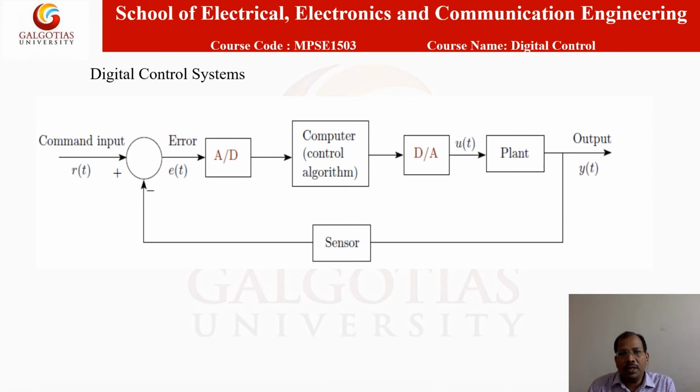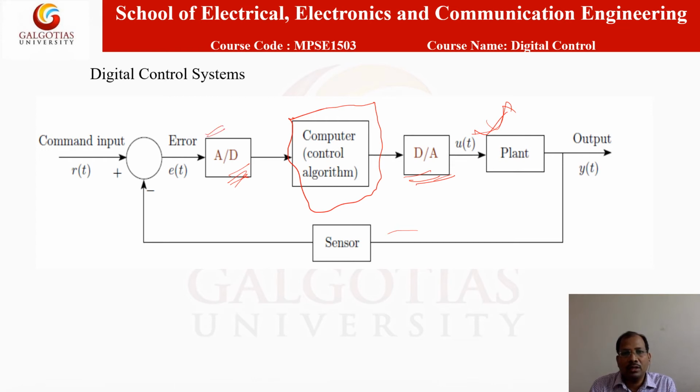So this is the feedback loop, and here this is the controller. This controller can be in digital form, so the analog to digital converter is applied here, and then this digital signal is converted into analog form. This is the plant to be controlled. Here the output is measured by the sensor, then compared with the reference signal, and the error is generated.